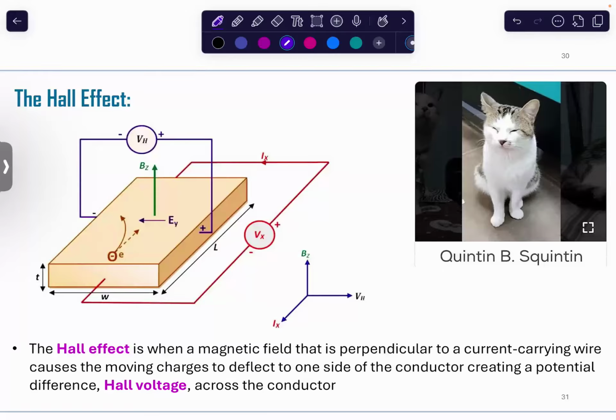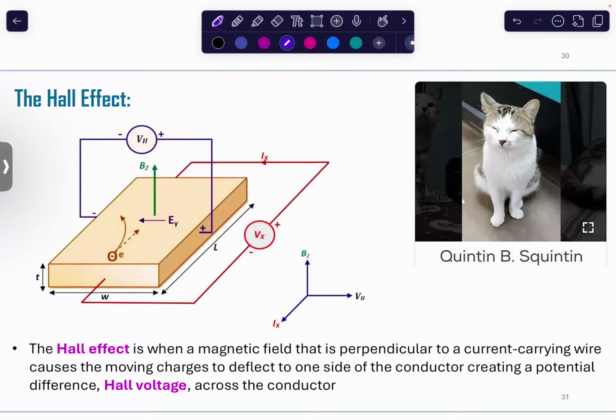When you put that material into a magnetic field perpendicular to the current, the charges inside that material are going to deflect to one side of that material. And you'll have a potential difference across that material. You're going to get to the point where the electric force and the magnetic force equal each other and the current just starts going regularly. So you get a maximum potential difference.